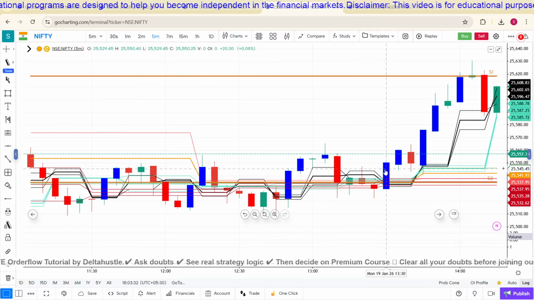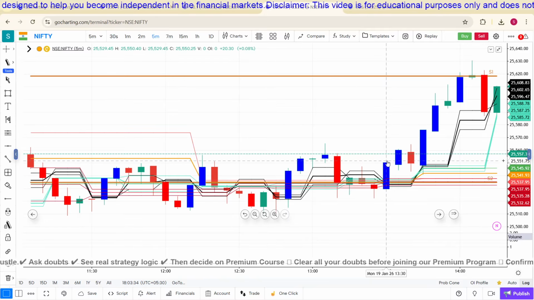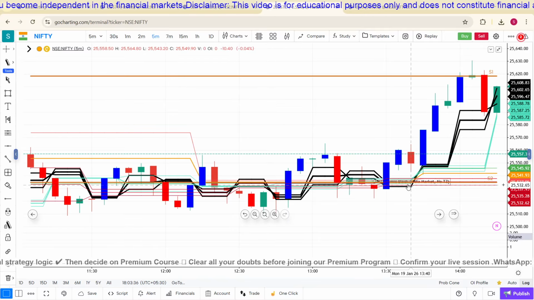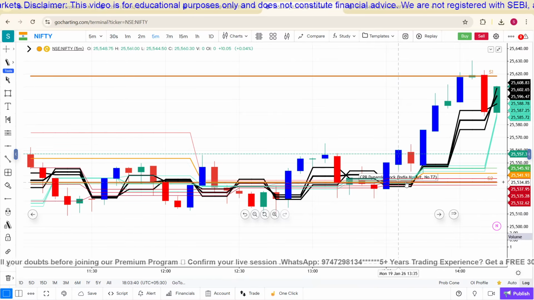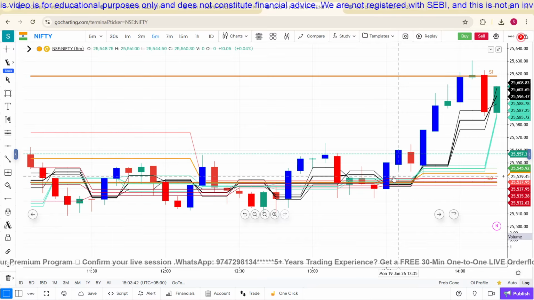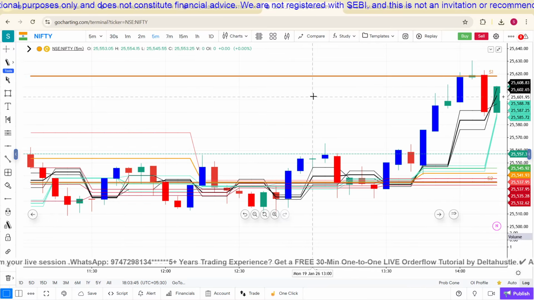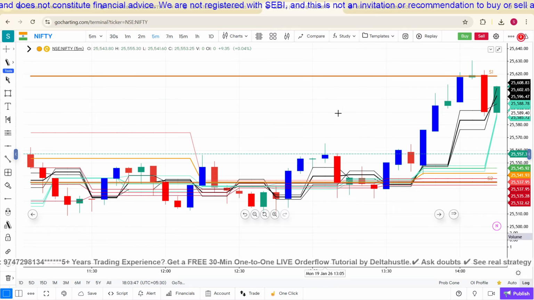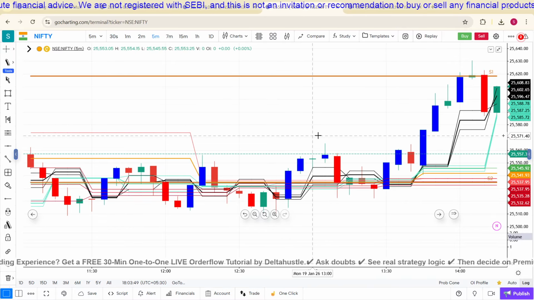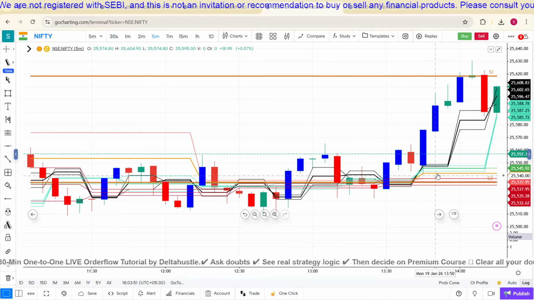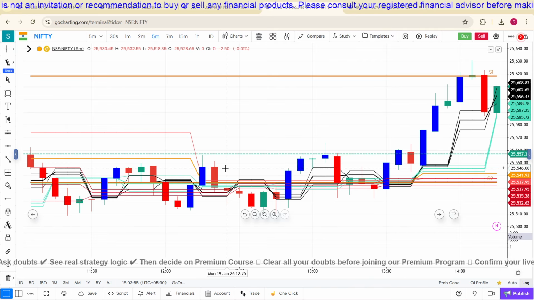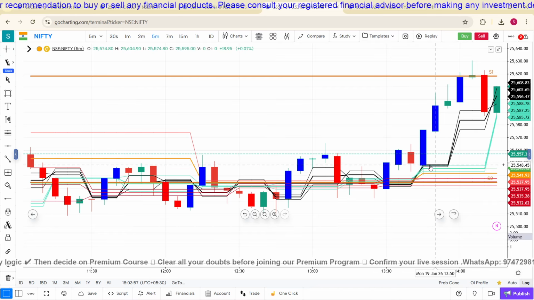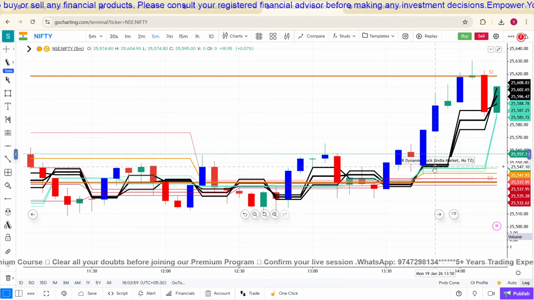And here we never take that entry because these lower time frame CPRs are overlapping here. We need the 15 minutes on the top, 30 minutes lower, and 90 minutes lower to that. And one CPR should maybe be a little bit narrow.